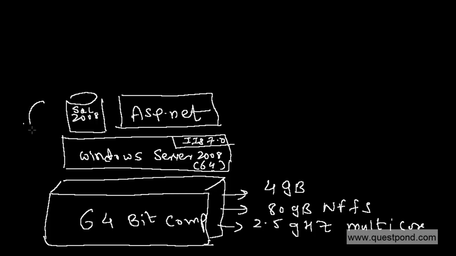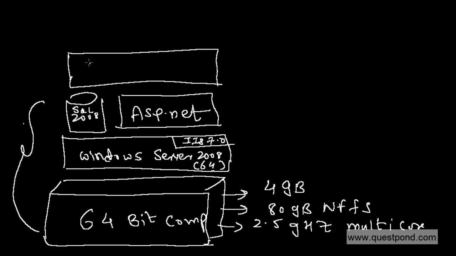Now, once you have installed all these prerequisites, the first thing you need to install from SharePoint is SharePoint Foundation, which we just discussed in the previous section of the video. Without SharePoint Foundation, you cannot install SharePoint Server 2010, because this is the core framework.